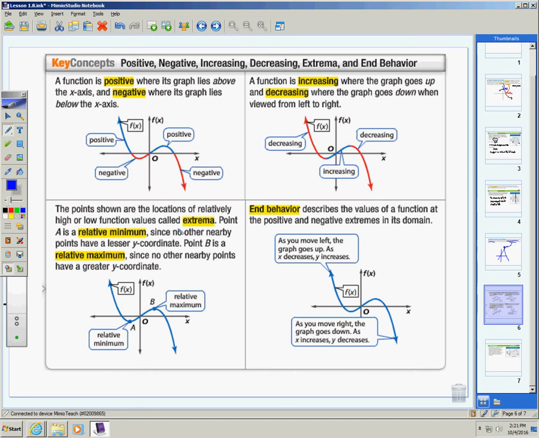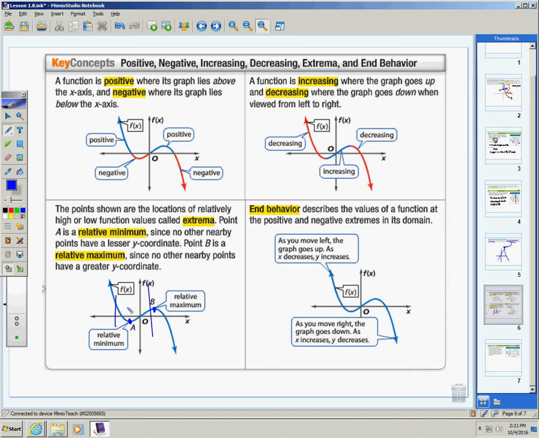A relative minimum is when you've got a low point, so it's lower than all the other points around it. A relative maximum is when it's higher than all the points around it. And what I really want you to see here, a relative minimum doesn't have to be the lowest point on the graph. It just has to be the lowest point around it. Okay?